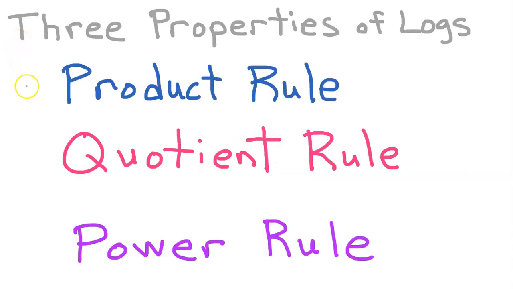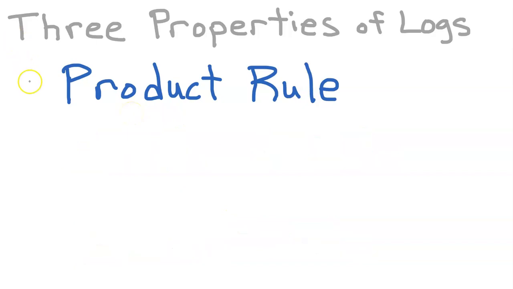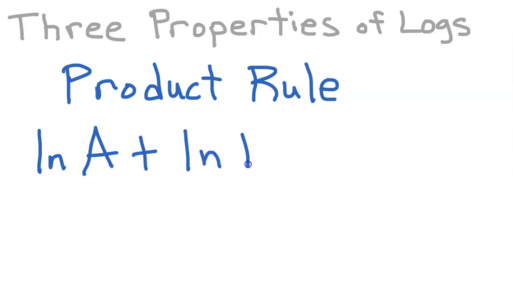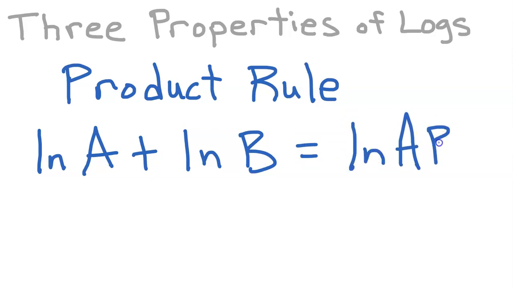There are three properties of logs you need to know: the product rule, the quotient rule, and the power rule. Let's start with the product rule. If I have the log of A plus the log of B, that is equal to the log of A times B. So there's your product rule.